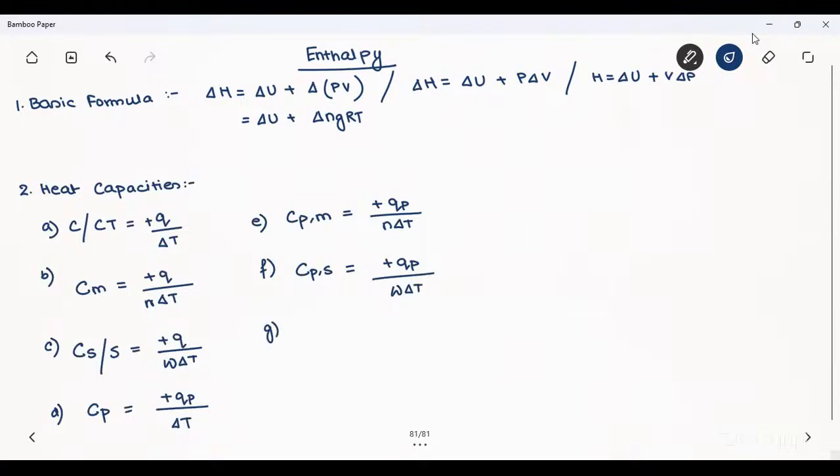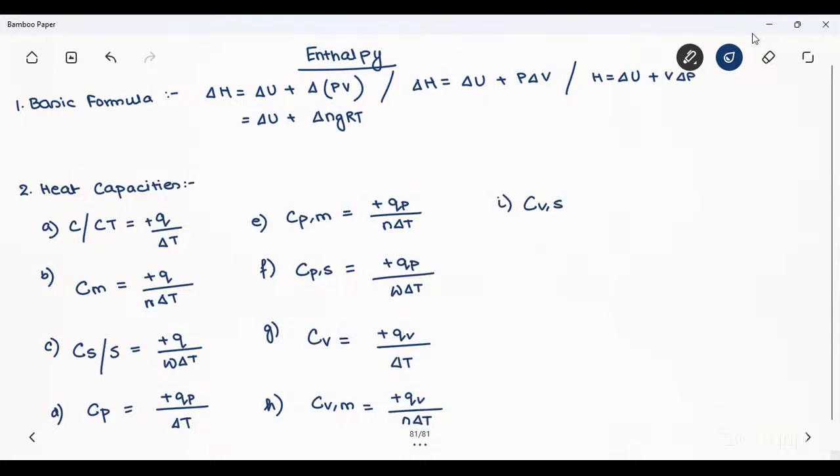Then comes our CV, heat capacity at constant volume. Then comes our CVM, next comes our CVS.